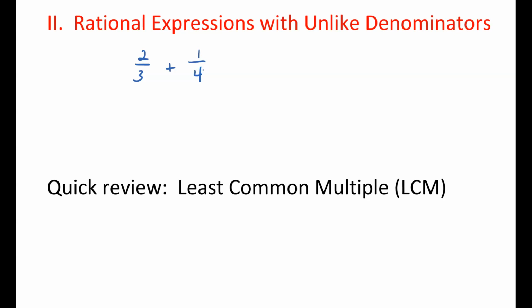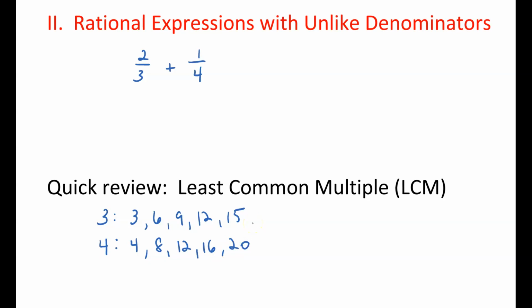Okay, so the denominators are not the same, so we need to come up with the least common multiple. I look at my 3 over here, and the multiples of 3 are 3, 6, 9, 12, 15. We'll stop there. And we have 4 as our other denominator, so we get 4, 8, 12, 16, 20.